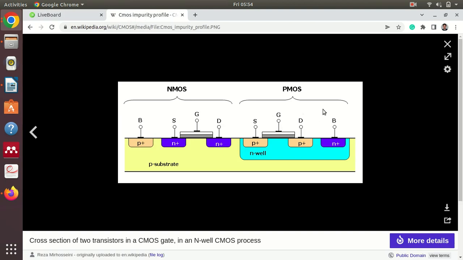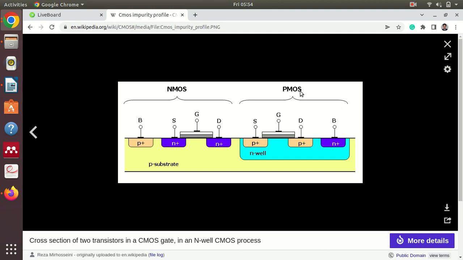Here you can see there are two different regions. This is NMOS. You can see here source and drain are N type and the gate is connected to the P type. Therefore this is called NMOS because source and drain both are N type.